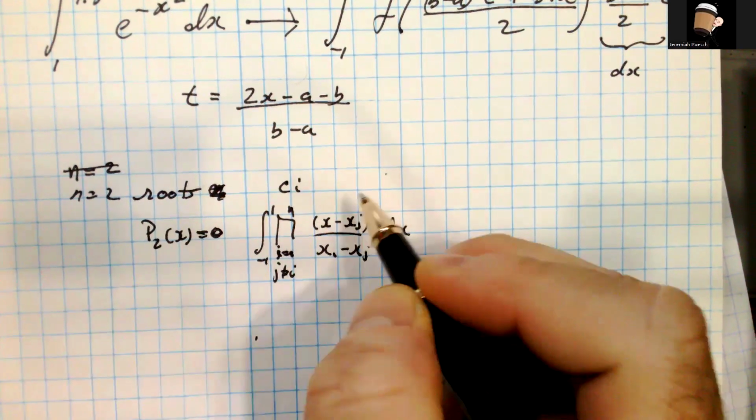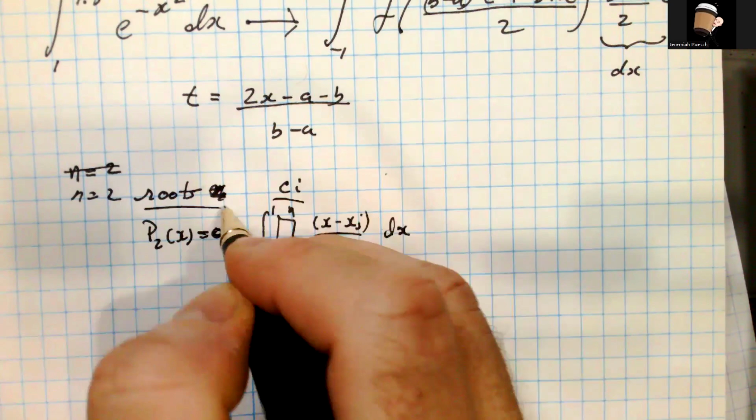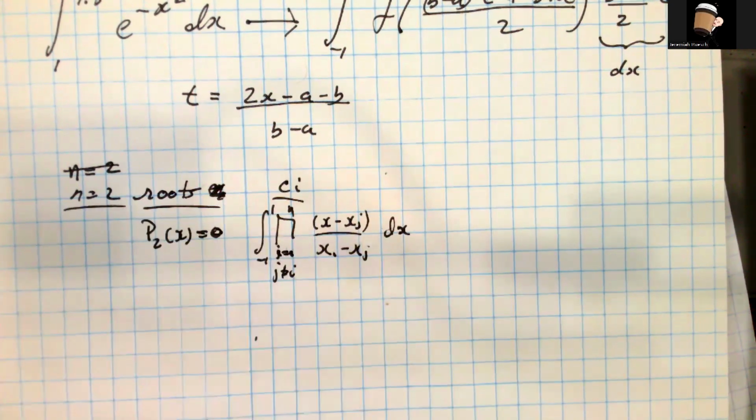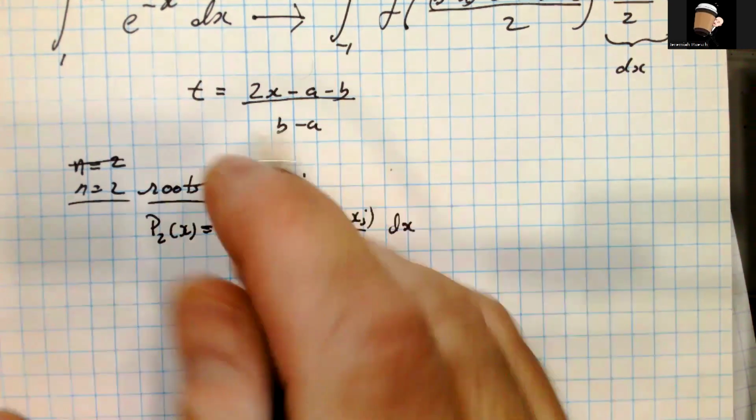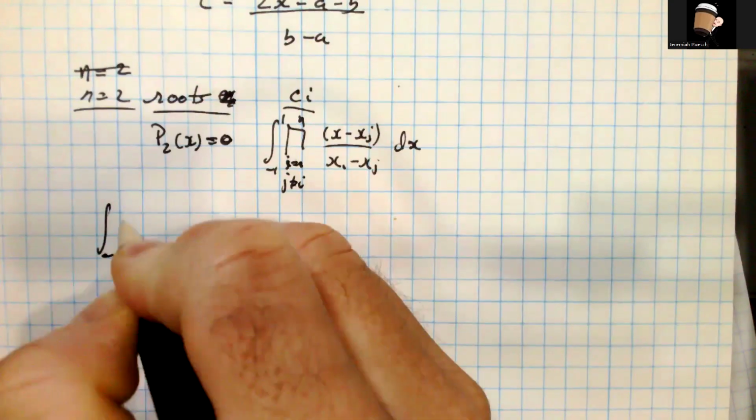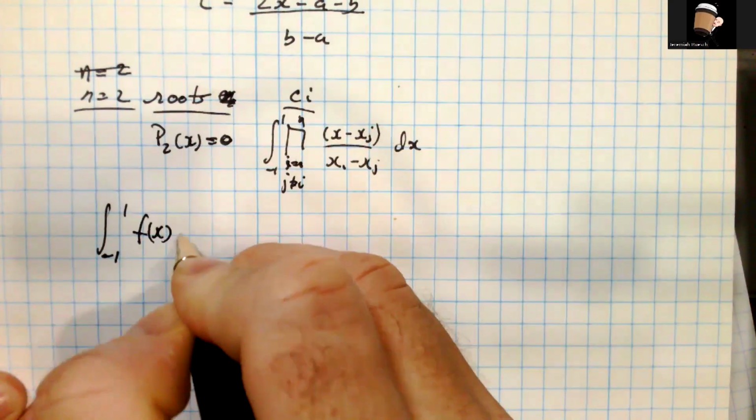So we're going to integrate those and find those values to correspond to the integral from -1 to 1 of f of x dx.